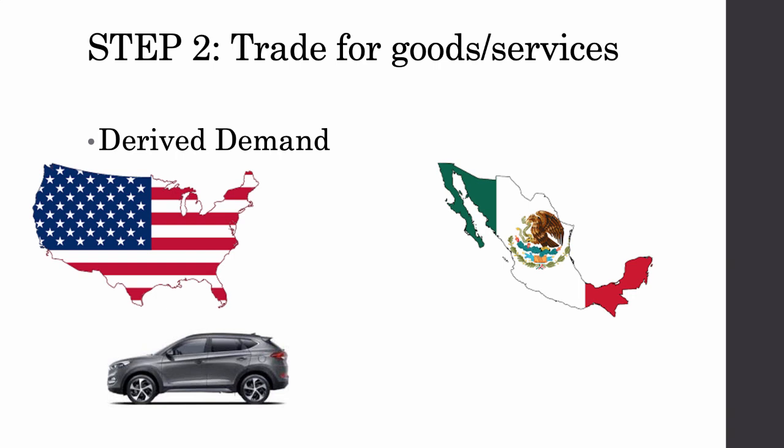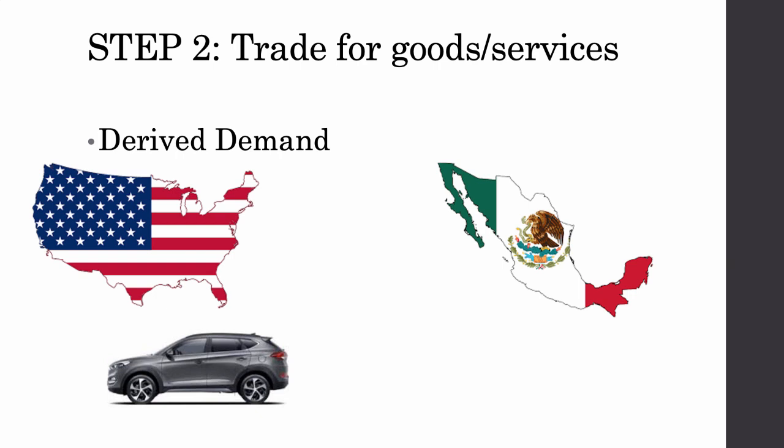The reason people want currencies of other countries, for the most part, is because there is a derived demand for that currency because of what the currency can buy for you. We talked about derived demand earlier in the semester when it came to why a company would want to hire you. We said there's a derived demand.